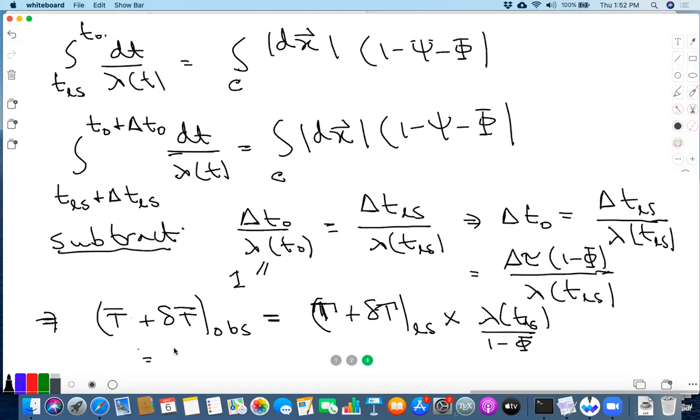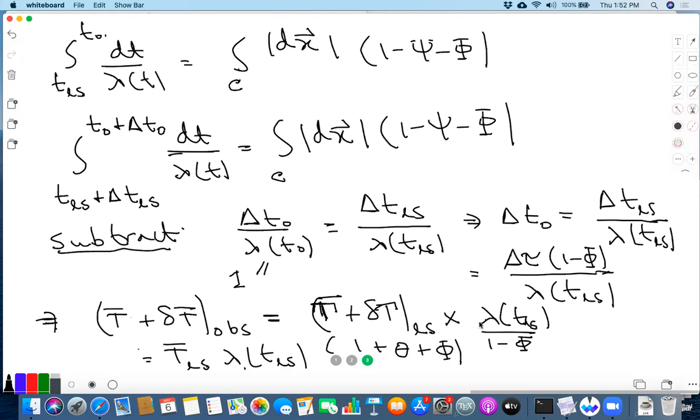So this is T bar LS, lambda of TLS, times 1 plus theta plus phi.